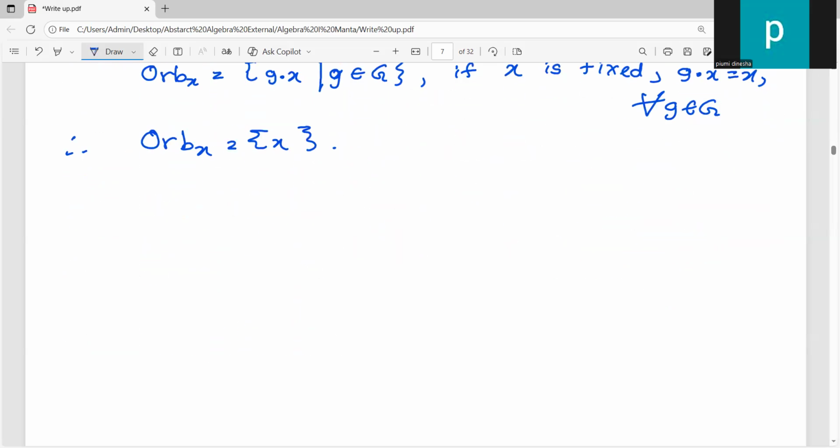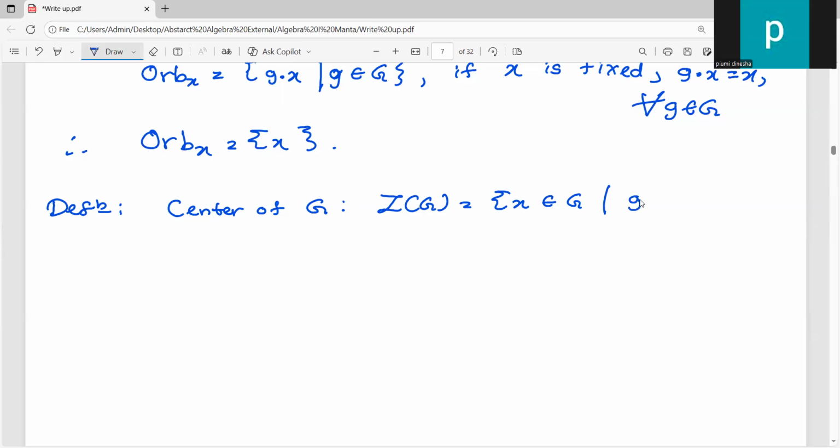Okay. Now we define the center of the group and the normalizer. The center of G, which we define to be Z(G), is given by all elements X in G such that gx equals xg for all g in G. This is a normal subgroup of G. Even though I never gave that specific name, center of G, we have shown that for any group G this given set is a subgroup.